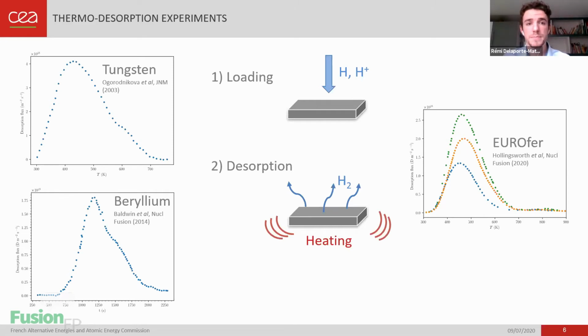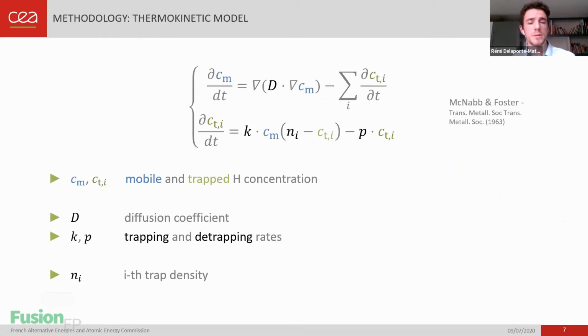So how do we model hydrogen transport mathematically? McNabb and Foster introduced the thermokinetic model a while ago in 1963, and they proposed to separate hydrogen into different populations.